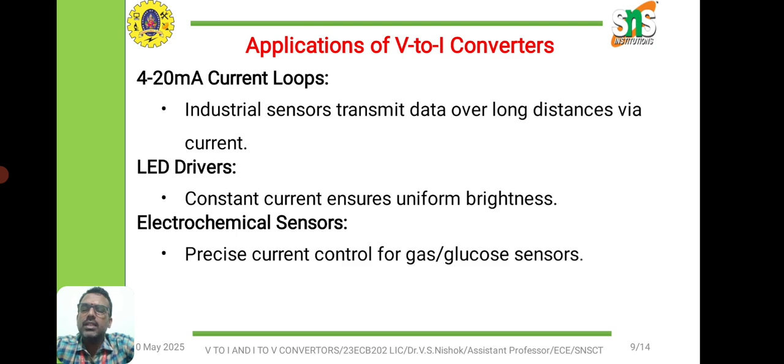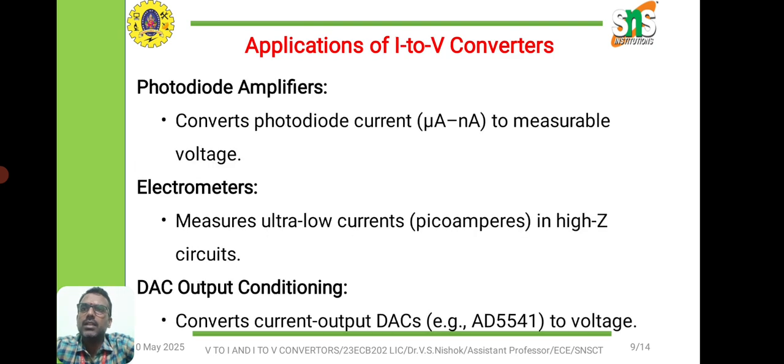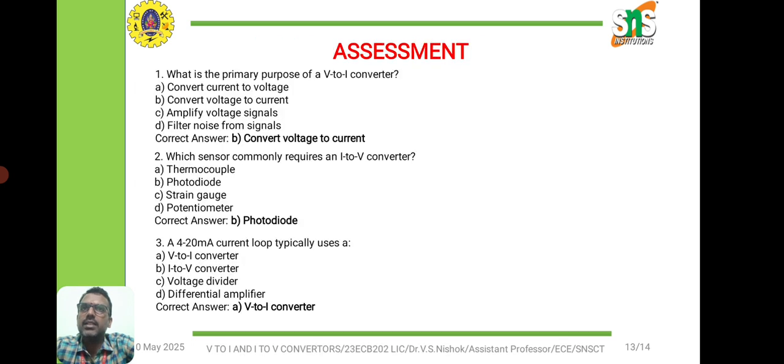So mainly in sensor circuits and LED driver circuits, we will be using these converters. Coming to current to voltage converters, we have photodiode amplifiers, electrometers and DAC output conditioning. DAC represents the digital to analog converter.